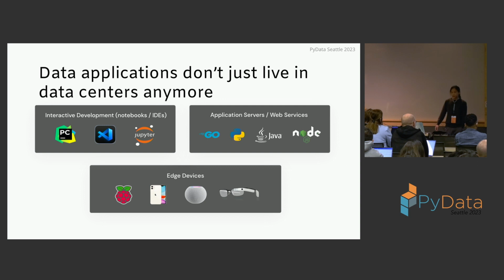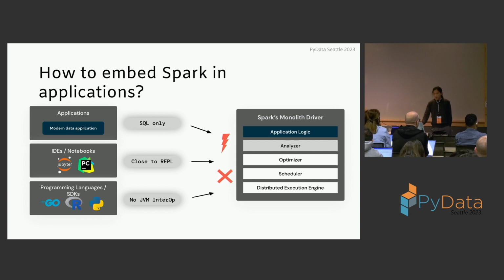Yes, there is some language support existing now, but they are all implemented in a very complicated manner, because you have to implement the JVM access logic by yourself. And then edge devices like Raspberry Pi, or your browser, or your iPad, this big Spark driver cannot run on those devices. So how do we deal with this problem right now?